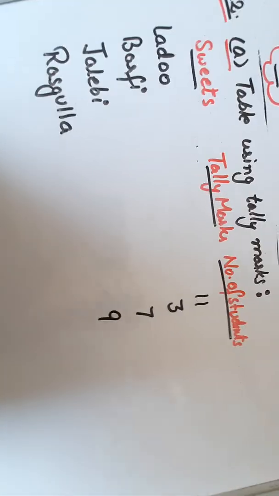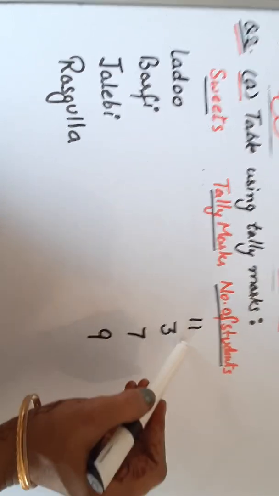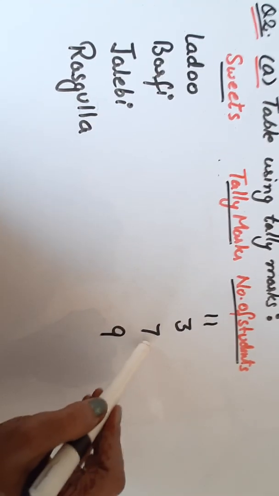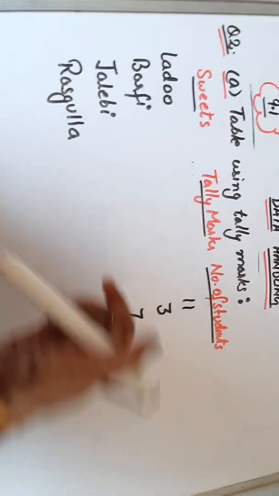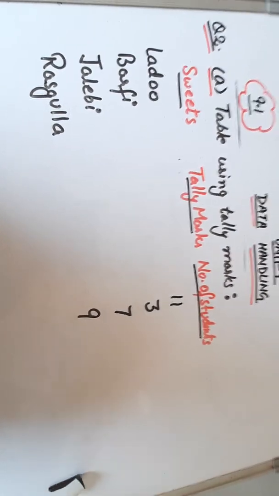So 11 students like laddu, so we will write 11. Similarly, 3 students like barfi, so we will write 3. 7 students like jalebi, we will write 7. 9 students like rasgulla, we will write 9 from the data given in the question.